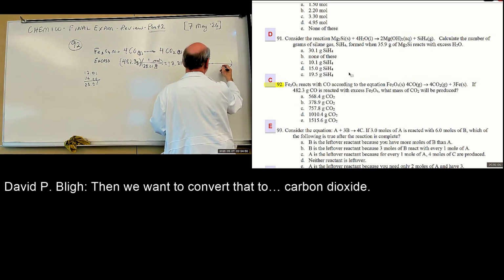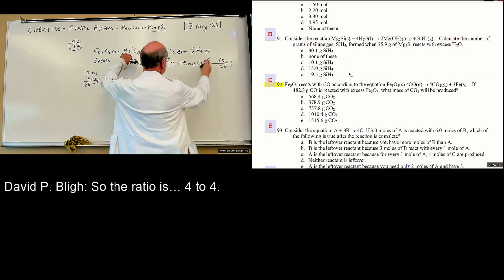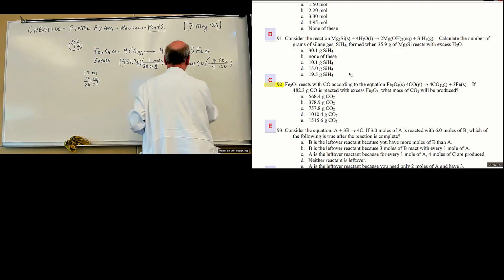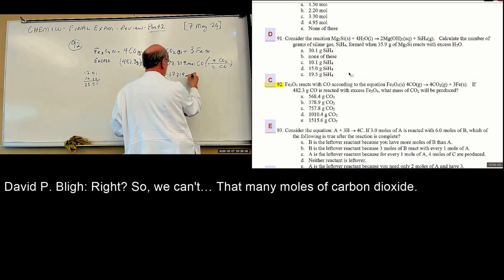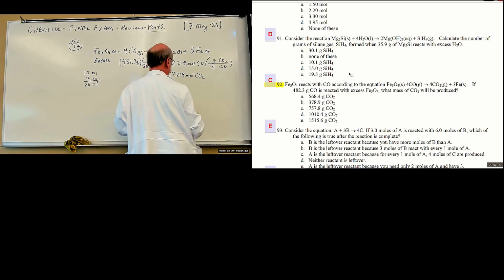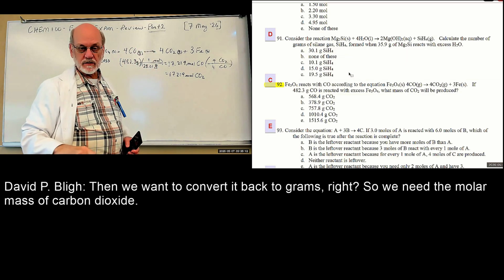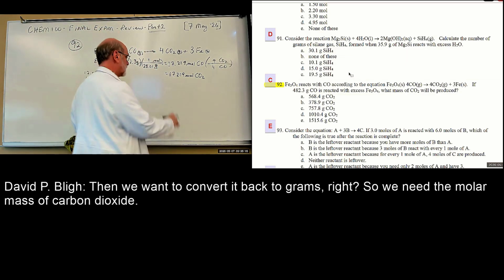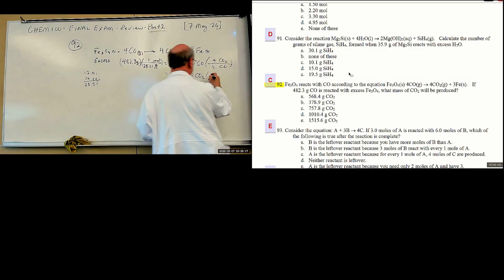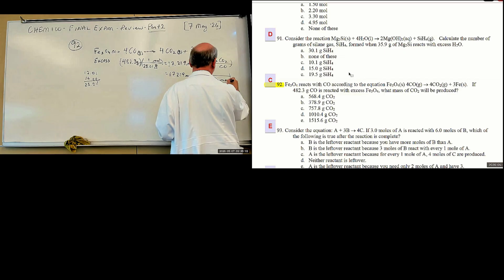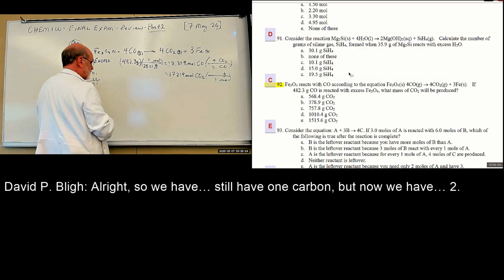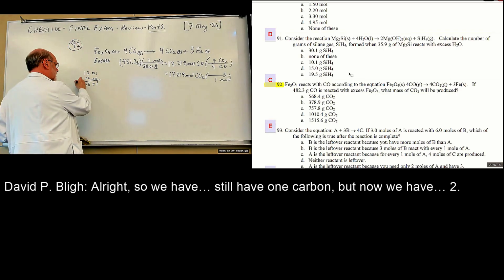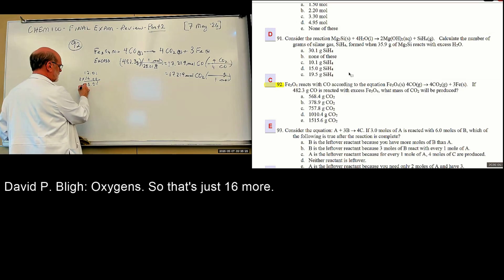Then we want to convert that to carbon dioxide. So the ratio is 4 to 4, right? So we got that many moles of carbon dioxide. Then we want to convert it back to grams, right? So we need the molar mass of carbon dioxide, grams per mole. All right, so we still have one carbon, but now we have 2 oxygens.